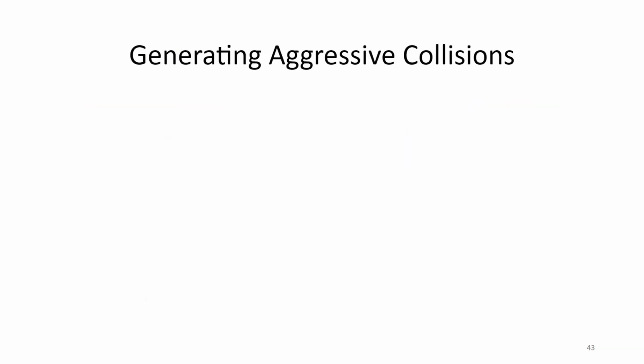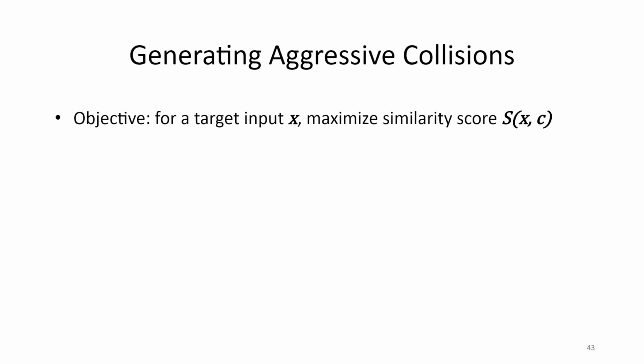Now let's talk about how we can actually generate these collisions. We first consider generating collisions without any constraint, and we call these aggressive collisions. We formulate an optimization problem for the generating process, where the objective is to maximize the model similarity score for the target input X and the collision C. We can perform this optimization in two steps.